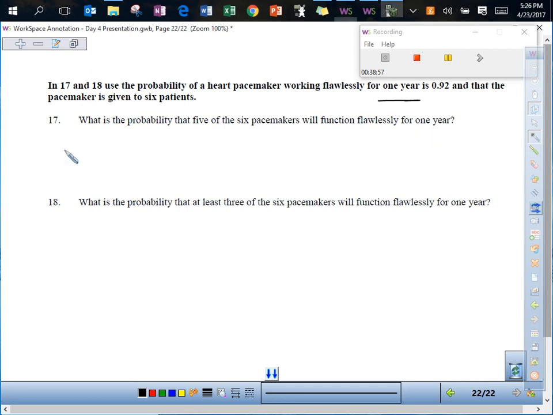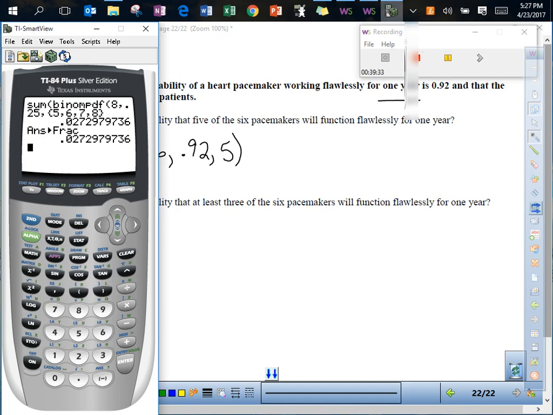So it either does or it doesn't. Makes it a binomial probability. I don't need the word sum because I'm just worried about 1. So 6 that we gave it to. A success is 0.92, and we're looking at exactly 5. So once again, hopefully you got these strokes down.